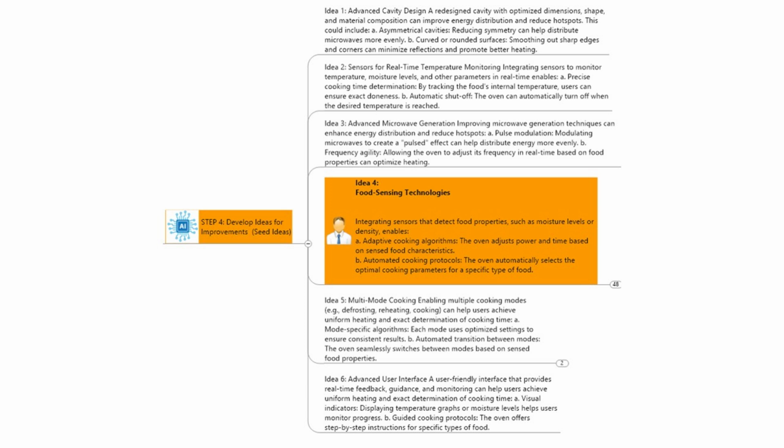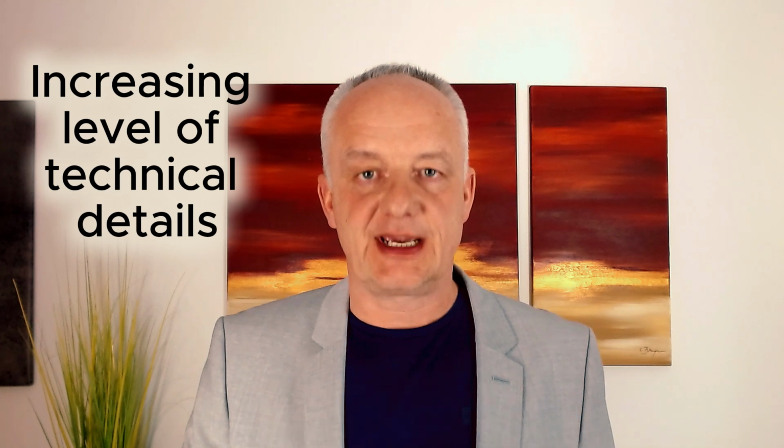This way, food properties such as moisture level or density can be measured. As you can see, the further we go in our process, the more specific and more technical we get. We again prompted the model to tell us which suitable sensing technologies are available or are suggested.